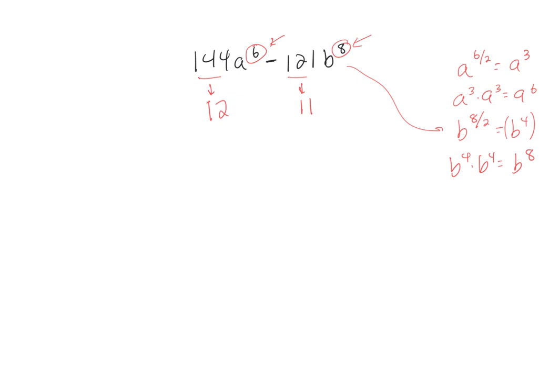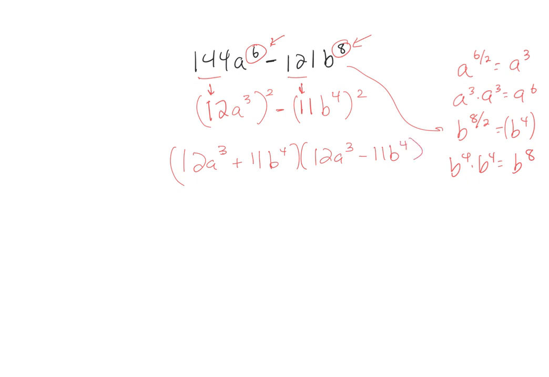So we can put an a to the 3rd, that's what was squared, and a b to the 4th right here. Put the parentheses around them, put the parentheses around them, put a negative in between, and use the same formula. 12a to the 3rd plus 11b to the 4th times 12a to the 3rd minus 11b to the 4th.